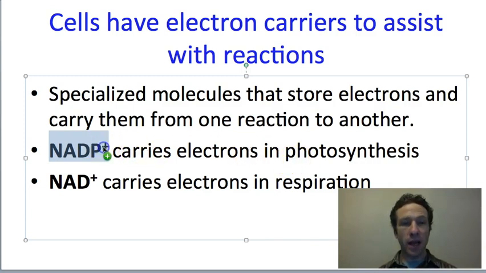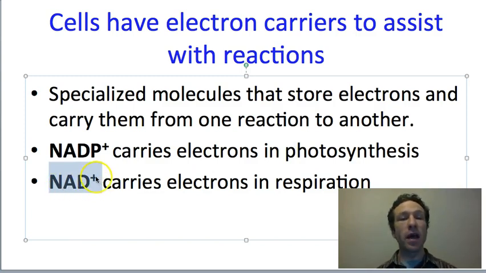This is not actually true, but the way I remember this is that the P in NADP stands for photosynthesis. A different but very similar carrier called NAD+ is going to be important for carrying electrons in respiration. And of course, respiration does not start with a P. There's no P in the term NAD.